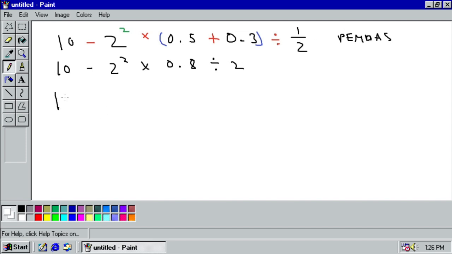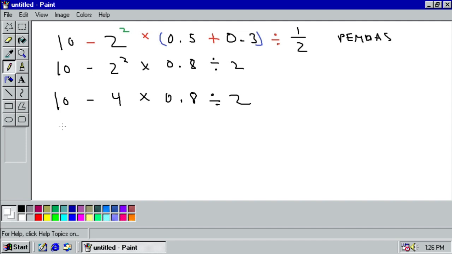Have 10. Since our next step will be exponent, we need to evaluate that exponent. 2 squared is equal to 4 times 0.8 divided by 2. Next we have the multiplication, which is this part.